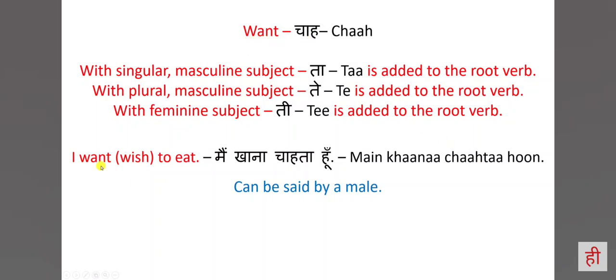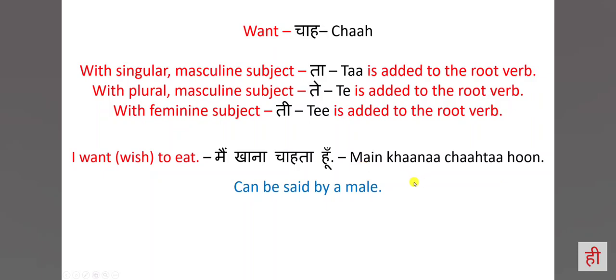And assuming that a male will be saying this sentence, we have added ta to it. So chah has become chahta. And hoon is selected since the subject of the sentence is मैं.